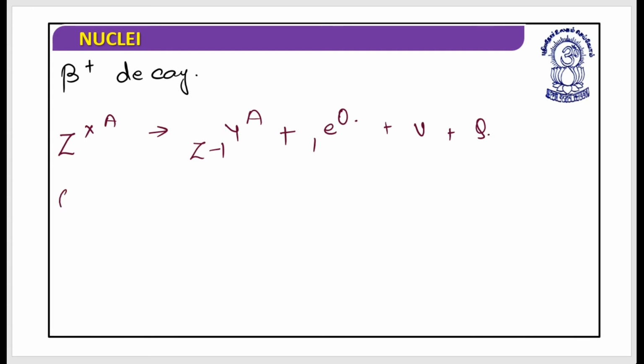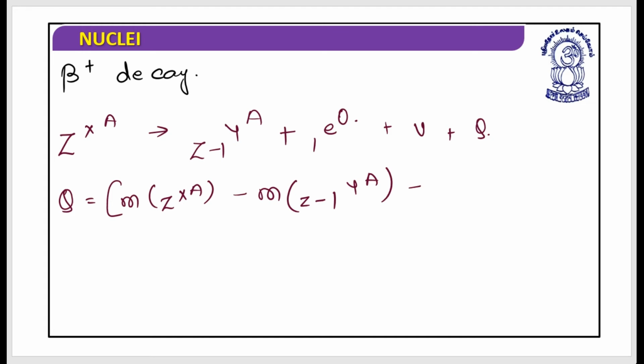So the Q value of this reaction could be given as the mass of ZXA minus the mass of Z minus 1 YA minus 2 times the mass of the electron, multiplied by c square. This would be the relation.